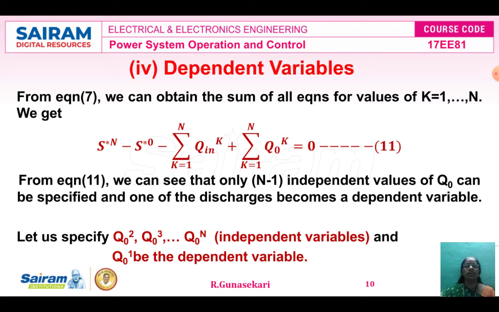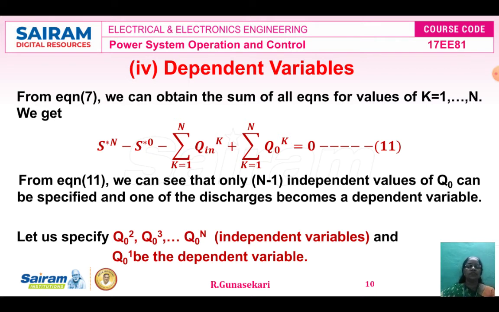Now equation 11 is S asterisk n minus S asterisk 0 equal to summation of k equal to 1 to n of Q in k, plus summation of k equal to 1 to n of Q naught k, equal to 0. In equation 11, n minus 1 is the number of independent values of Q naught. Q naught is the water discharge.